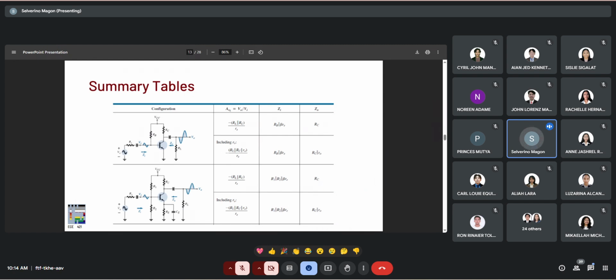A quick summary of some various configurations can be seen here. For the fixed bias, you have the RL, RC, and RO, RE. For the voltage divider bias, what is essentially changed here is that RB is replaced by the R1 and R2 parallel equivalents.